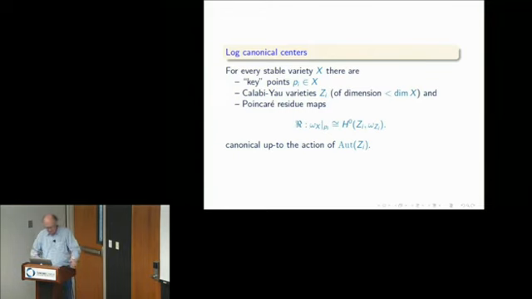So on curves, it was only the nodes that came in, but there are some key points that play essentially the same role as the nodes played there. And there are some Calabi-Yau varieties of dimension less than dimension x that can be attached to them. And there are some natural Poincare residue maps: you look at omega x and you look at the fiber over pi, it's just the H0 of Zi, omega Zi.